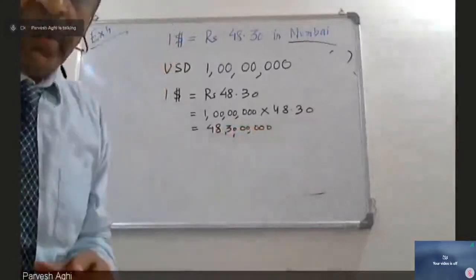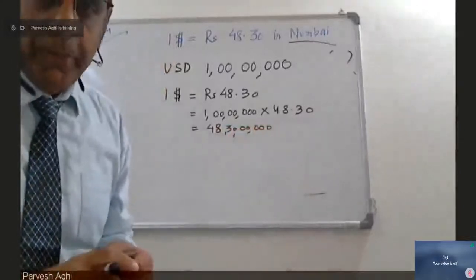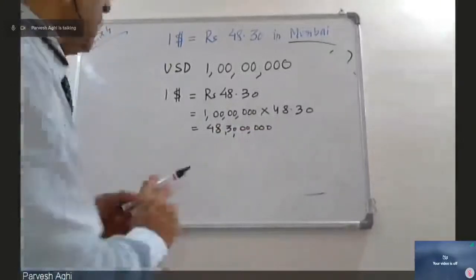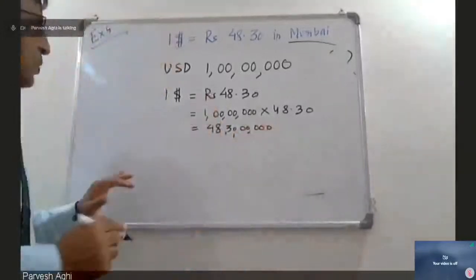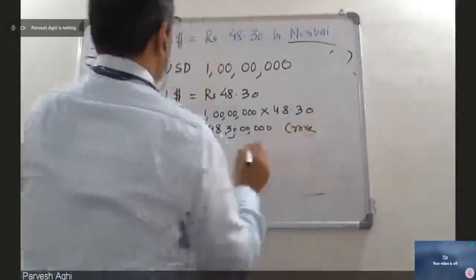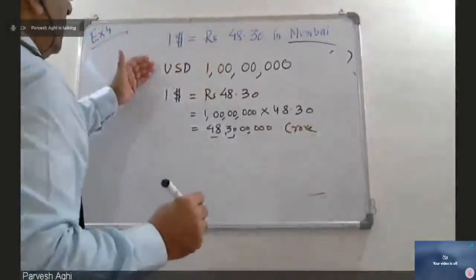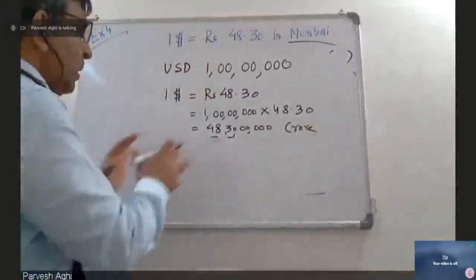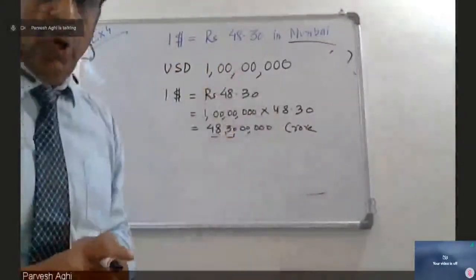Hope I am putting all the zeros properly. Okay. So this money will be there. So this is crore. So 48 crore 30 lakh rupees we have. So what he has done, basically, he has converted his dollars into Indian rupees. Now he goes abroad and buys dollars from there. How will he do that?